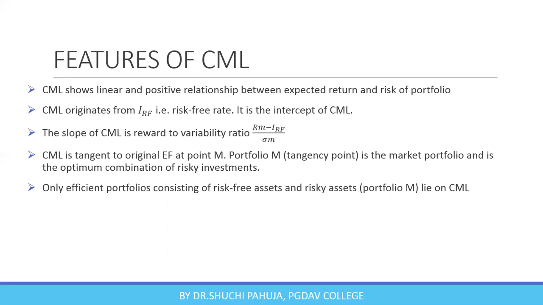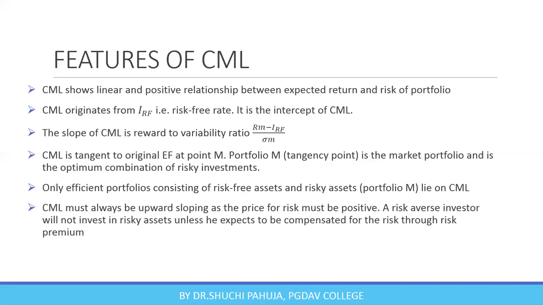Portfolios lying above CML may give extra return, but these are unattainable portfolios. Hence, these are not efficient portfolios. And portfolios lying below CML give you lesser return. So these are again not efficient portfolios. All efficient portfolios are bound by CML; they lie on CML.